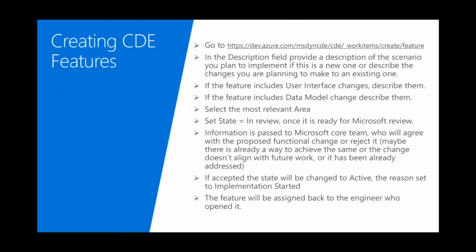This is important because we have feature management, where we need to empower customers to control when a new capability is added. So we need to make sure that changes like that are considered if they need to be governed by feature management. And if so, we will go through the process with you and ensure that becomes part of it by having some iterations with you to make that happen.